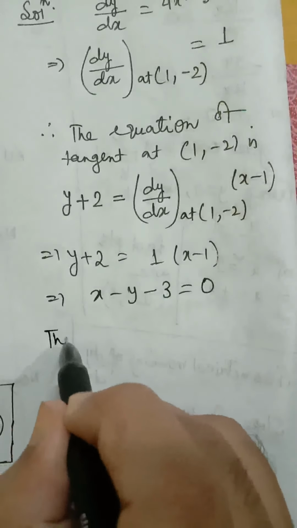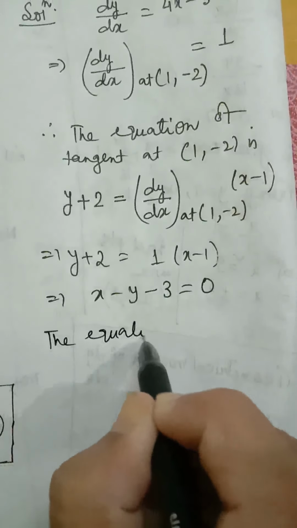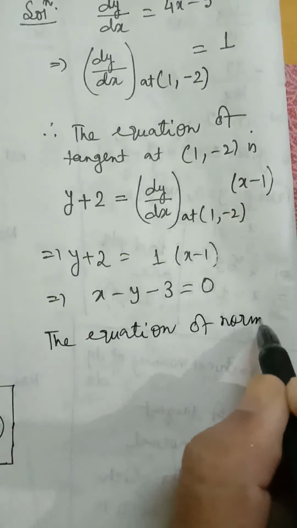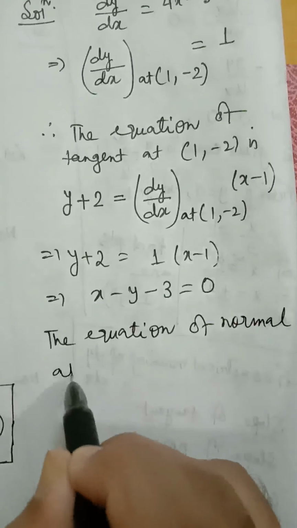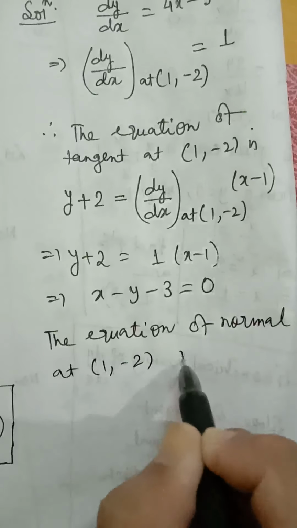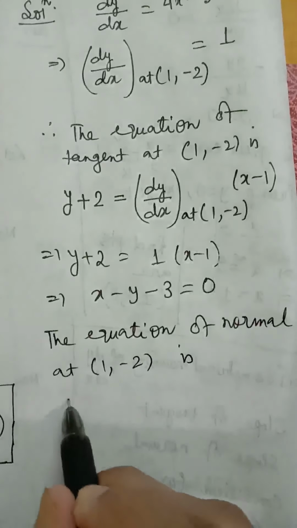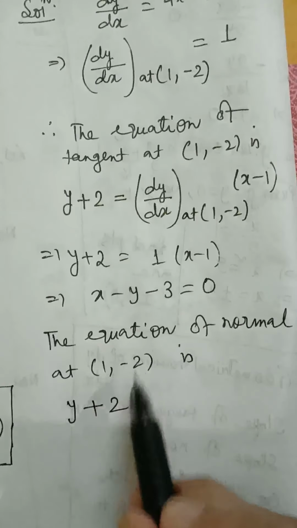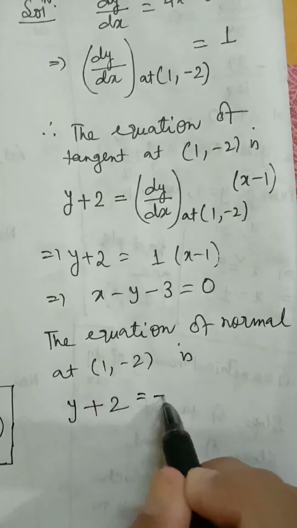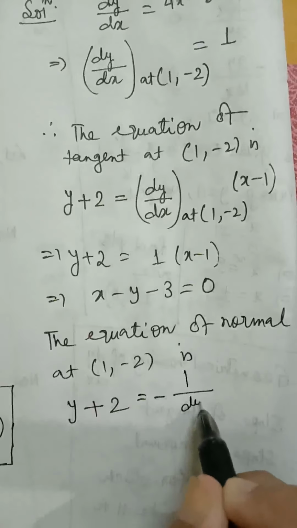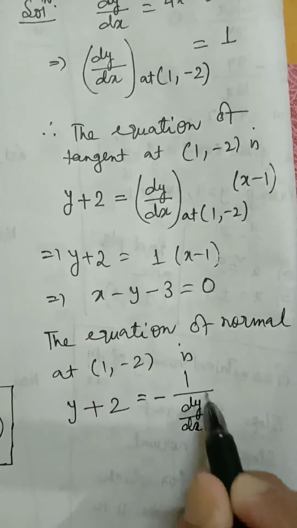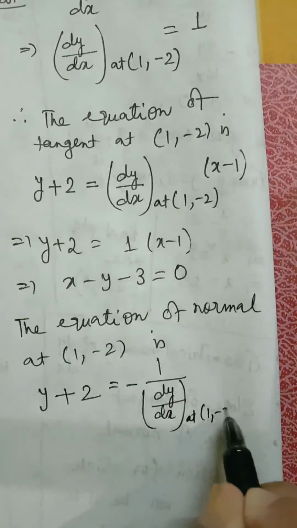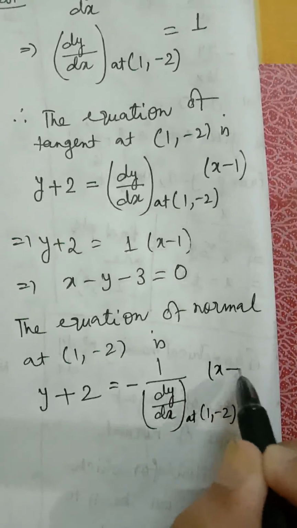The equation of normal at (1, -2) is, the formula is y minus y1, so it will be y minus minus 2 equal to minus 1 by dy by dx at (1, -2) into x minus x1.